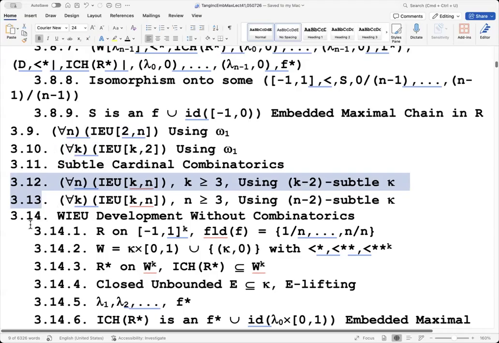And the WIEU means weak identity extension usability, weak. I redo this without combinatorics because it's very similar to the IEU development without combinatorics, but I didn't find it convenient to exploit the fact that they are very close to each other.